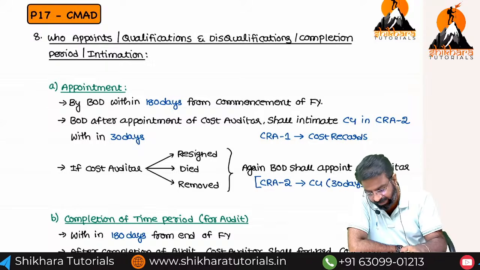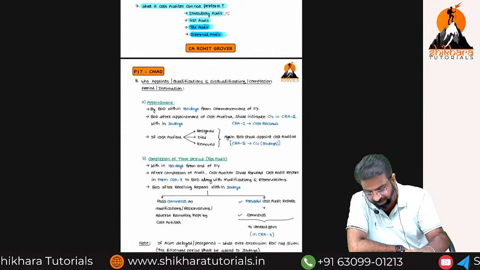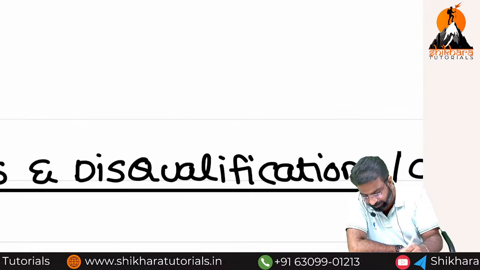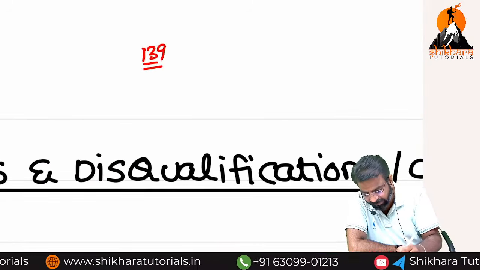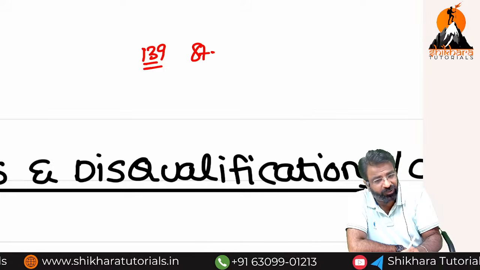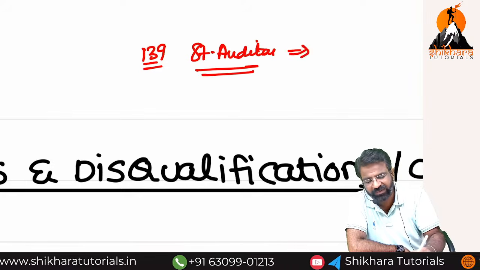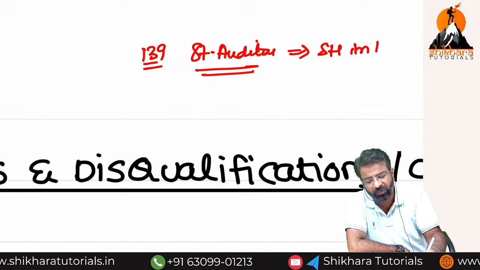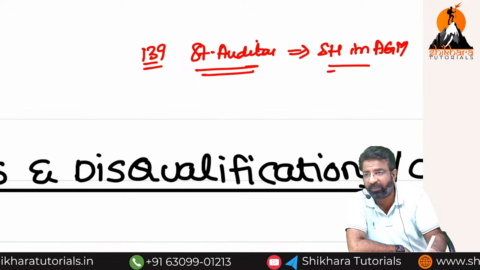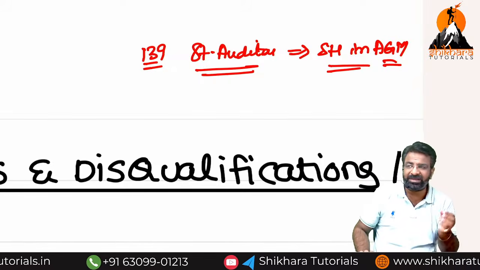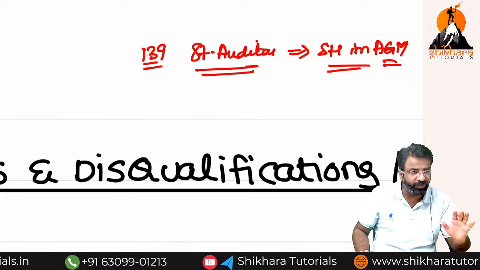As per section number 139, not expecting you to remember the section number, if you are a statutory auditor, you are always appointed by shareholders in AGM. I hope you remember that. A practicing CA who does the statutory audit is never appointed by board of directors.